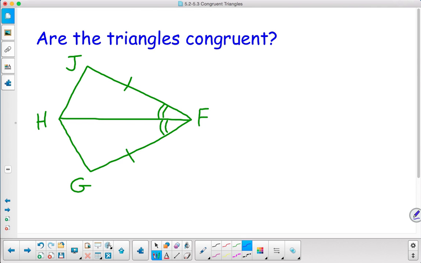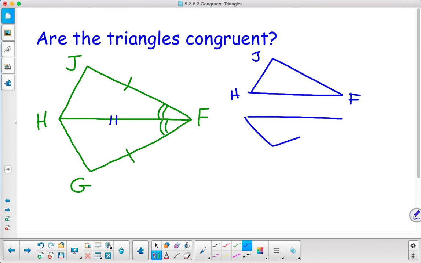Okay, these triangles are congruent again. This will be that shared side. So when we draw the two separate triangles, J, H, F, and down at the bottom, H, G, oops, G, not J, F. Okay, originally I gave you JF congruent to GF, angle F congruent to angle F, and this HF is the same in both triangles.